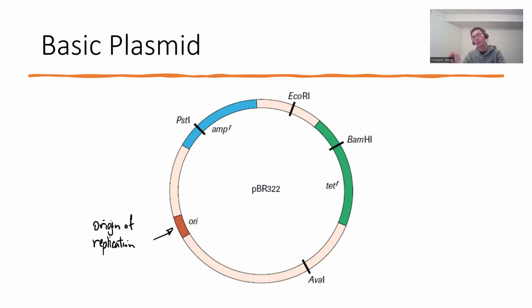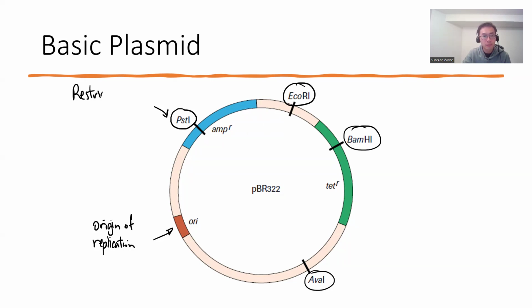So that essentially is where the promoter is, if you would. Then we're going to have these things: PstI, EcoRI, BamHI, and these are restriction enzyme sites.